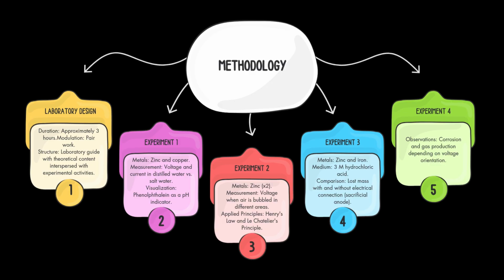Voltage and current are measured to demonstrate how the presence of electrolytes accelerates corrosion. Zinc acts as the anode and oxidizes, while copper acts as the cathode. Phenolphthalein is used to detect the formation of hydroxide ions, indicating oxygen reduction.